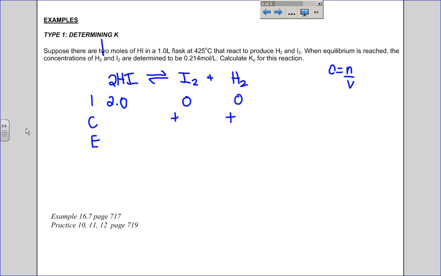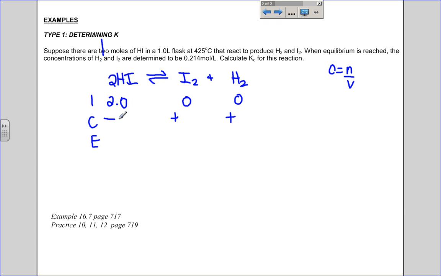Now, one important fact here is that the reactants and products will always have opposite signs in terms of the change. And think about it like a teeter-totter. If the products go up in concentration, that must mean that the reactants have to go down. We need to use some of the reactants in order to make some product.